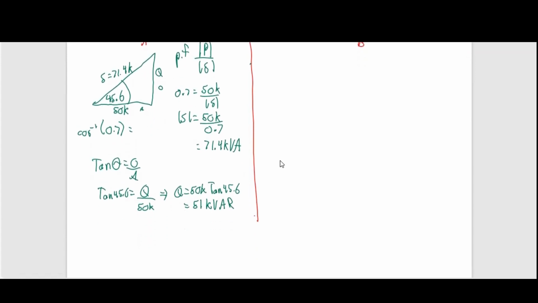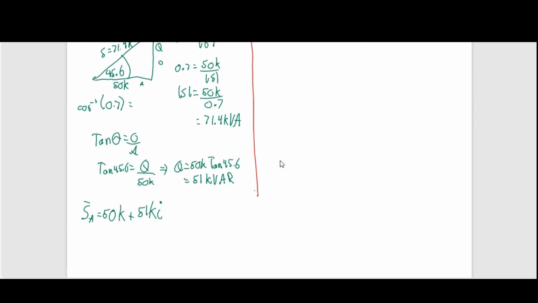What I like to do is write it in complex form one time. So SA is equal to the real part, which is 50K, plus, oh sorry, the Q, 51K. Well, let's write it like this one time. I'd add it up anyway, so it made no sense.